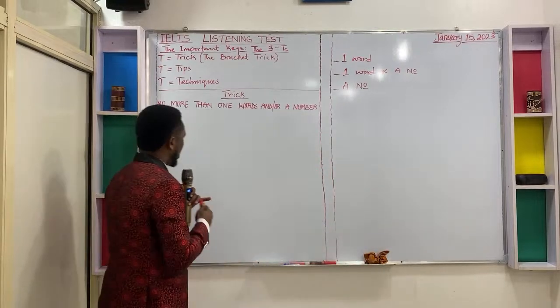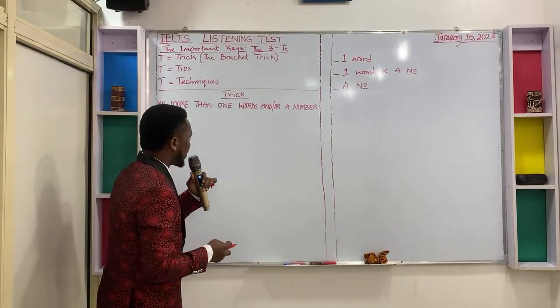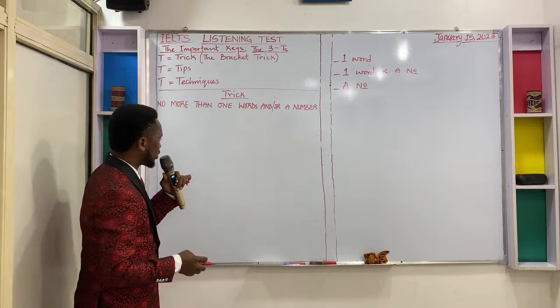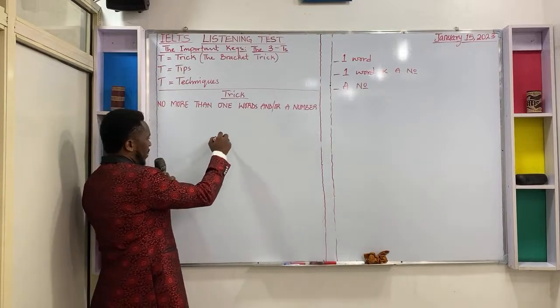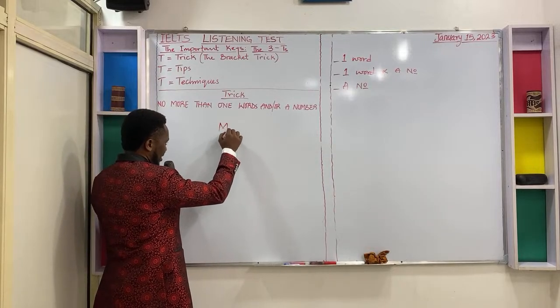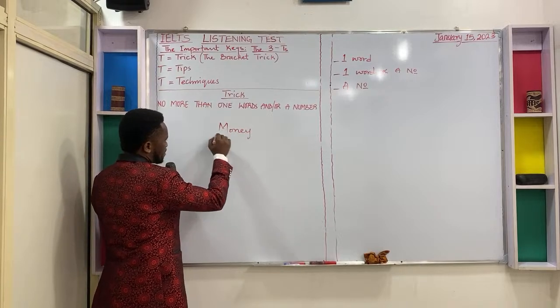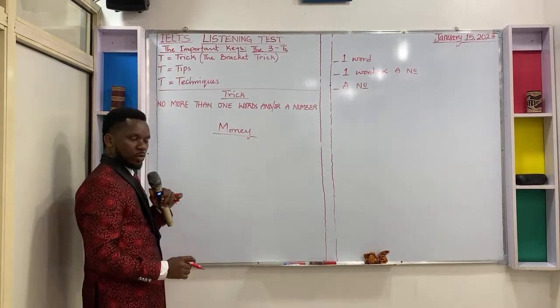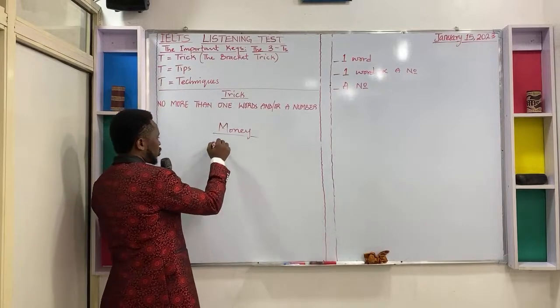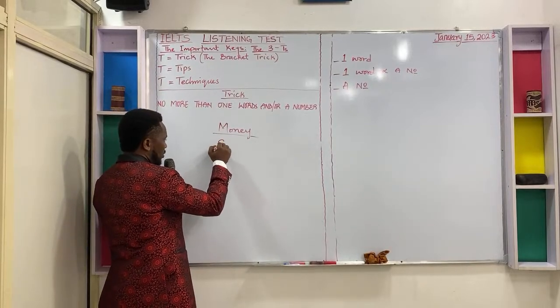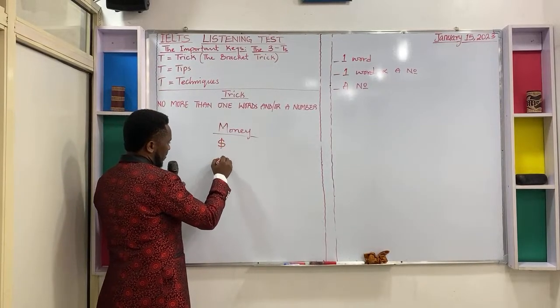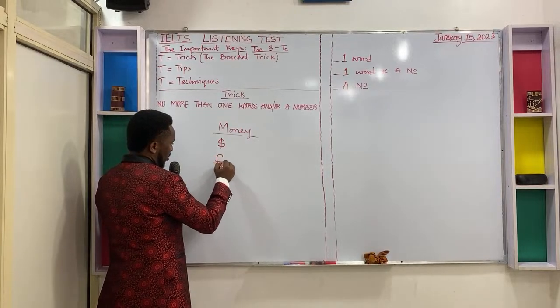Okay. Another scenario where you can apply the bracket trick, when you're treating a section that says no more than one word and or a number, is when you're treating money. When you are treating a question that has to do with money, I like to look at these three currencies.